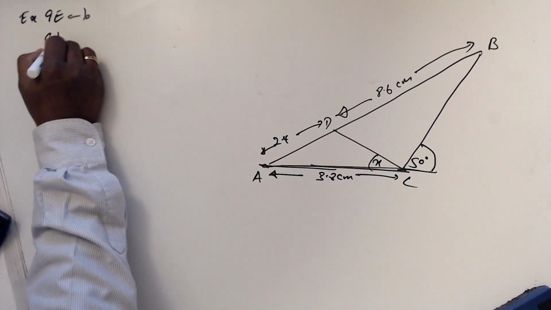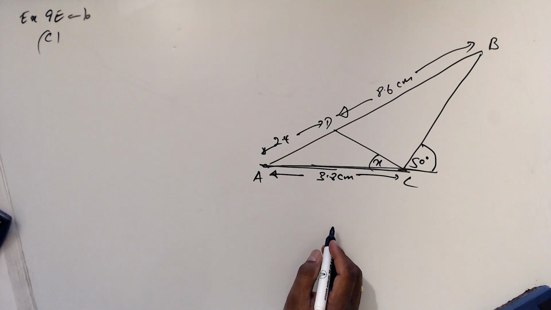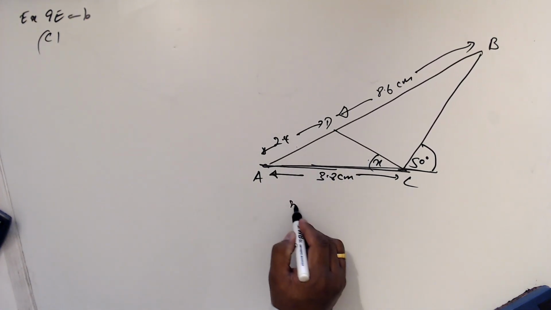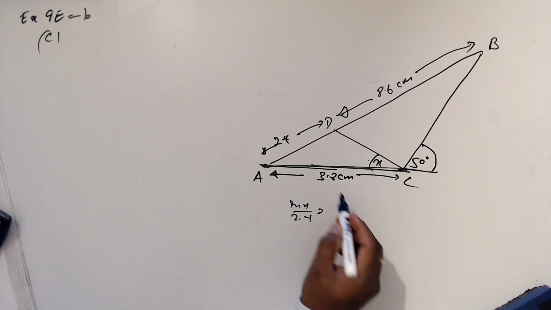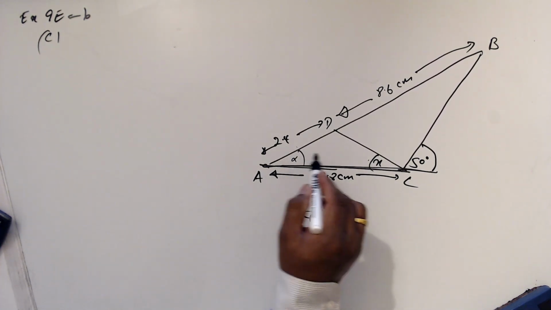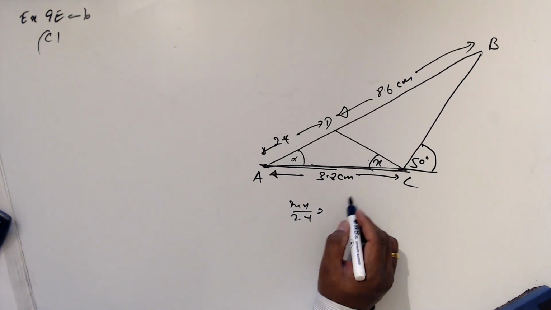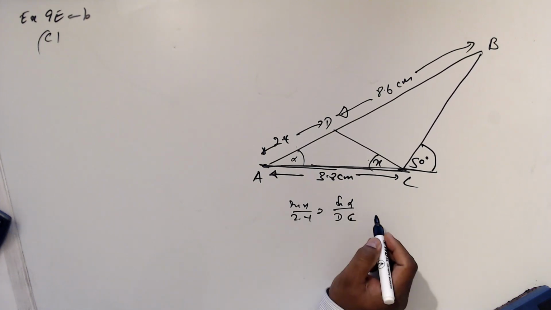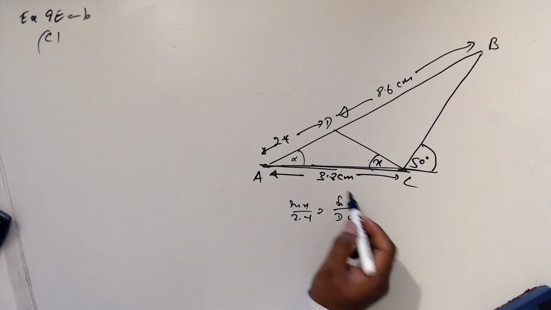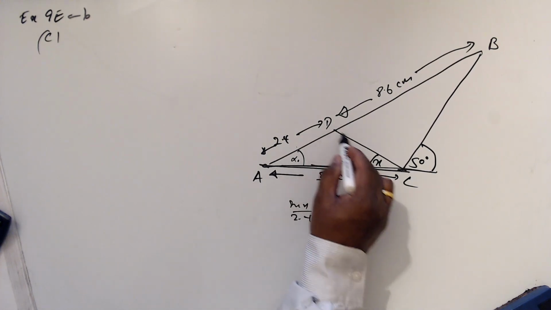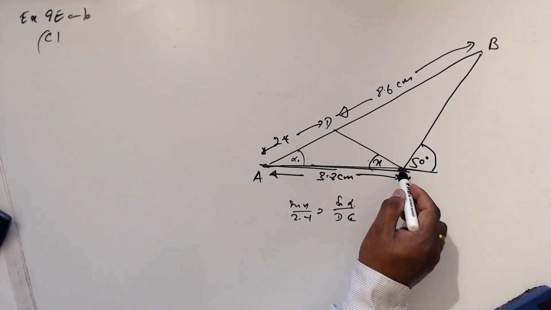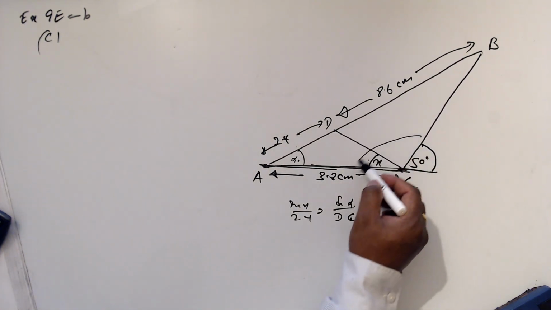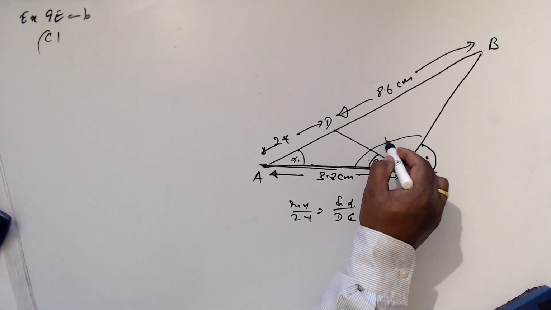Question part C. From sine rule, sine x over 2.4 equals sine alpha over DC. Now I want to find this angle and this distance. So this is 50, this is 130.